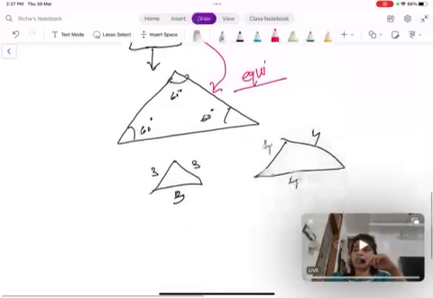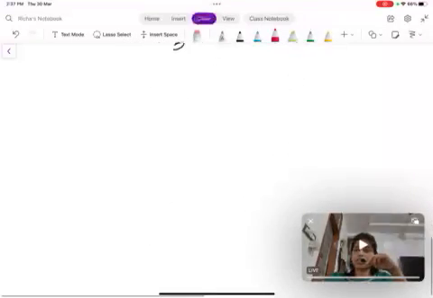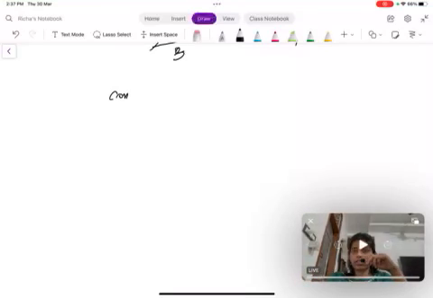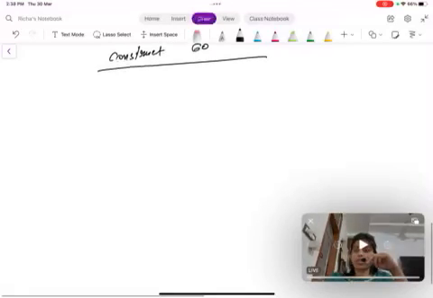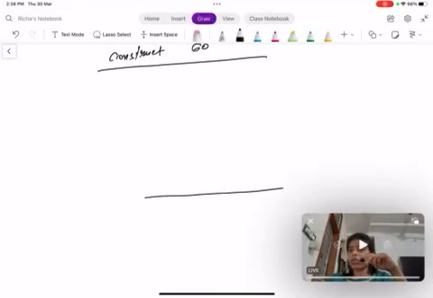Let's see how we are doing it. To construct a 60 degree angle, first we'll draw a line of any length.